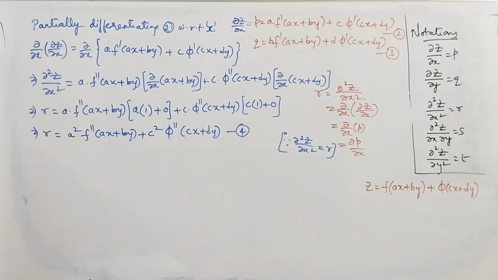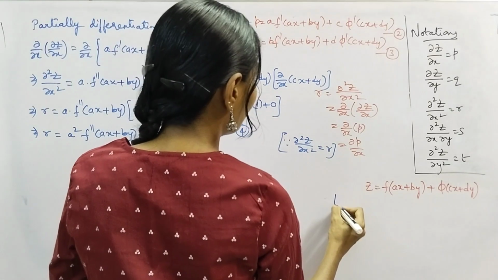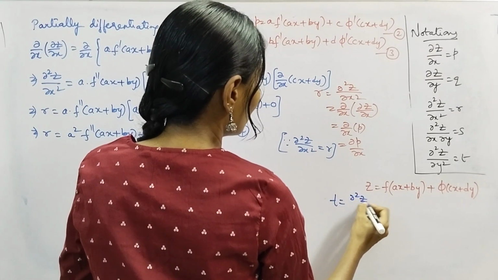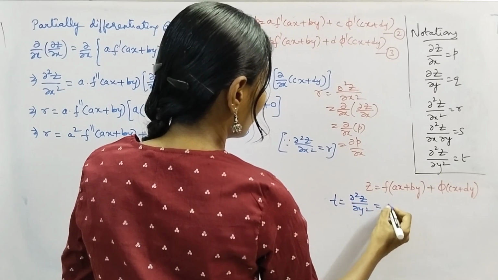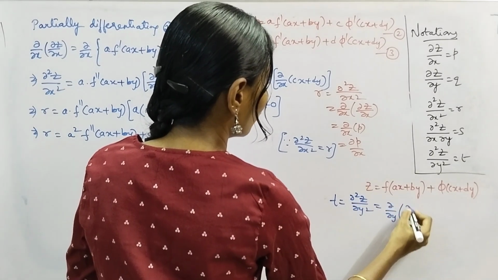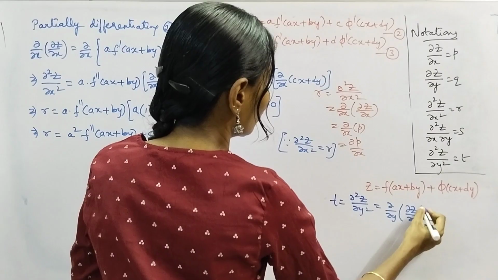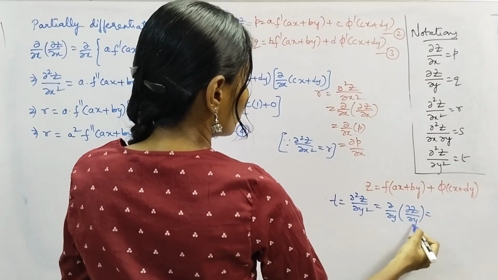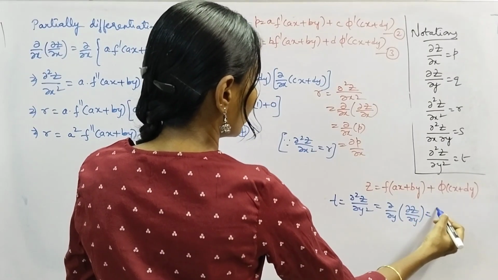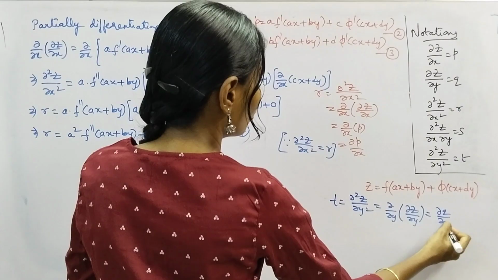Now let's find the equation involving t. We know that t is nothing but ∂²z/∂y², or we can write this as ∂/∂y of ∂z/∂y. We know that ∂z/∂y can be replaced by the notation q, so you'll get ∂q/∂y.